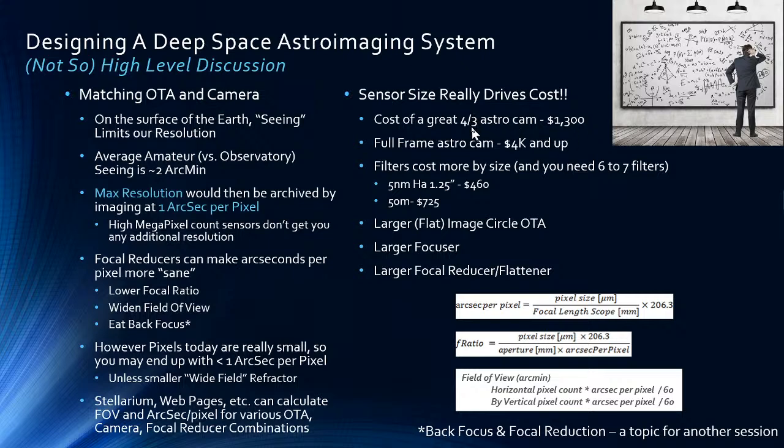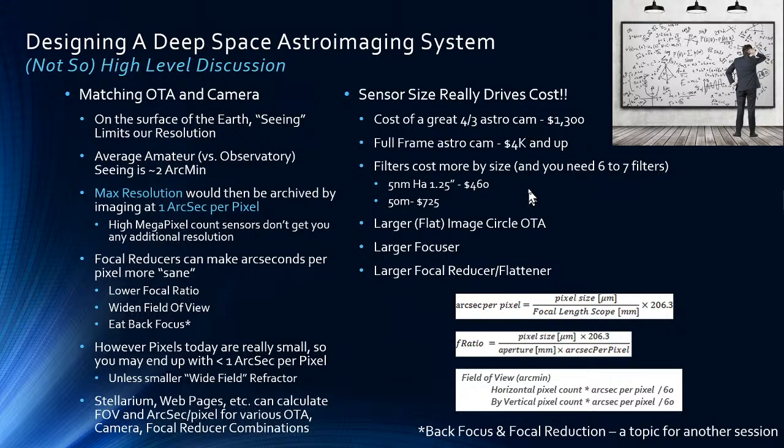But if you go up to a crop sensor or all the way up to a full frame, a 35 millimeter diagonal astro camera, you're going to be paying 4K and up for something like that. So just the cost of the camera goes up as you increase sensor size.